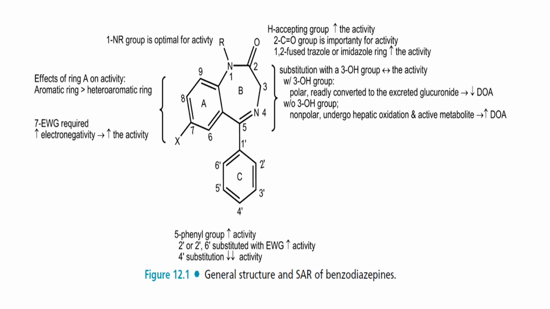The presence or absence of the 3-hydroxyl group is important pharmacokinetically. So that group will determine our metabolism and excretion, as mentioned a while ago. The 2-carbonyl functional group is very important for activity, as well as the nitrogen atom in position 1.